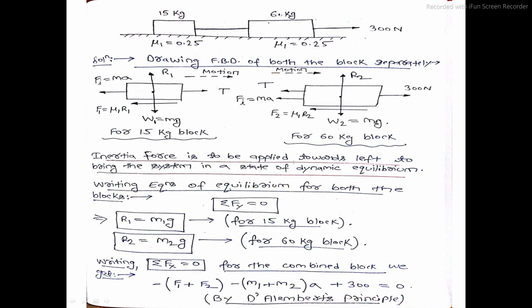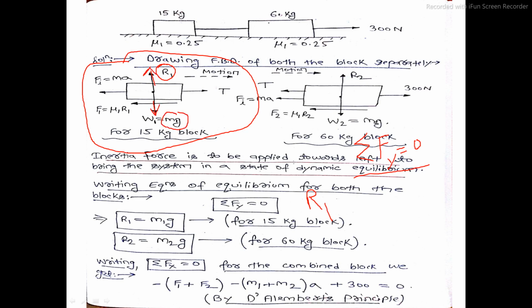First of all, let us write down the force equilibrium equation, that is, summation Fy equal to 0, for both blocks. So for the first block, what will be summation Fy equal to 0? It will be plus R1 acting in positive y direction minus W1, and W1 is M1G.